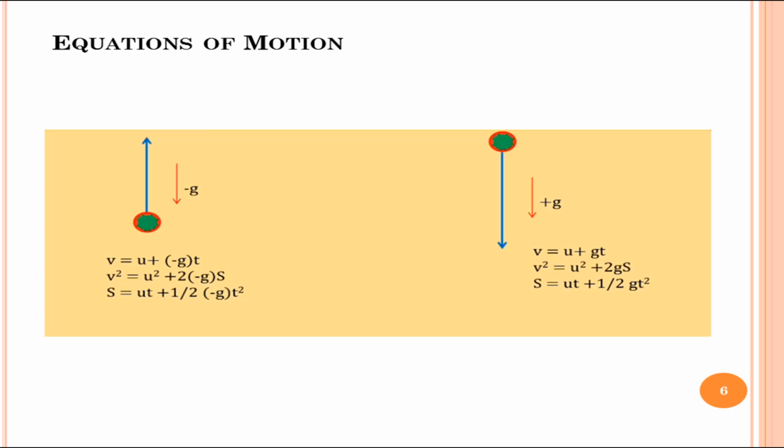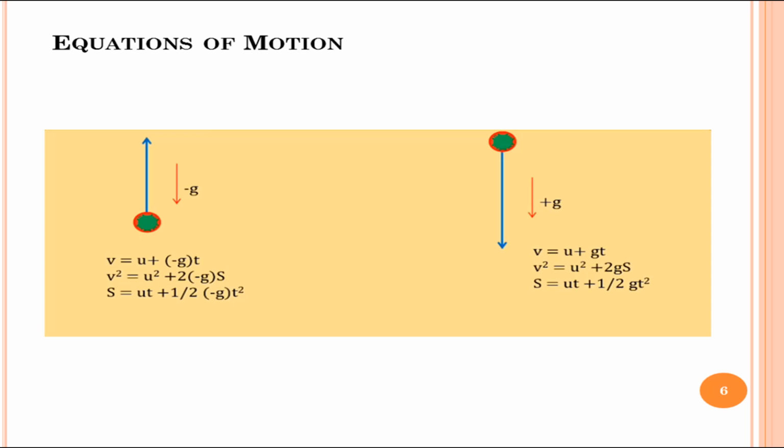Here you get v is equal to u plus of minus g into t. The second equation becomes v square is equal to u square plus 2 into minus g s. The third equation becomes s is equal to ut plus half minus g into t square.